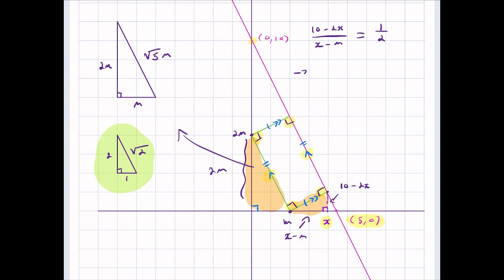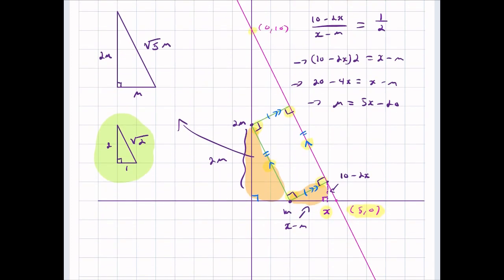We can cross multiply both sides by 2 times (x minus m), and we get (10 minus 2x) times 2 is equal to x minus m, or 20 minus 4x is equal to x minus m. I want to solve for m. m is equal to 5x minus 20.